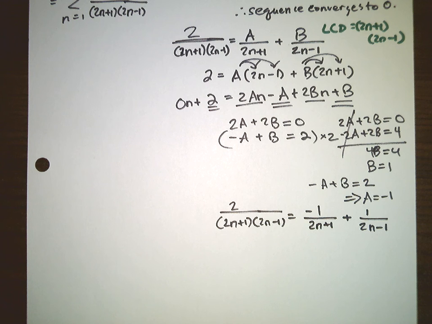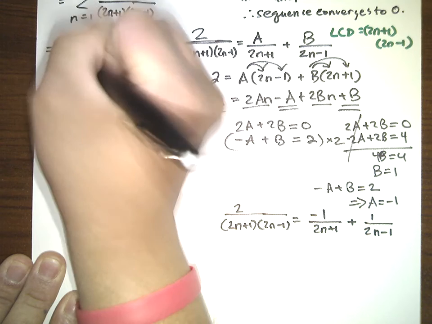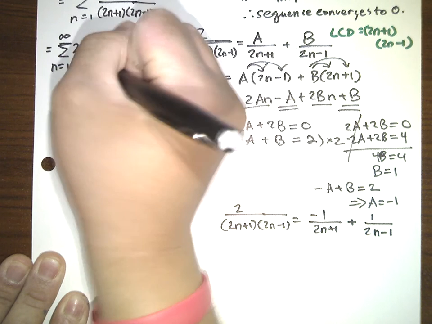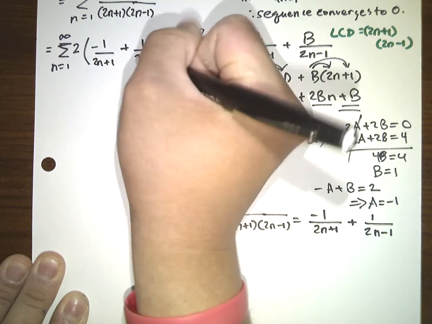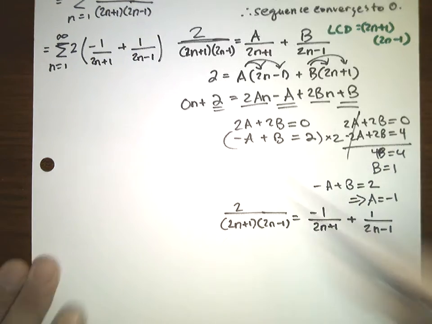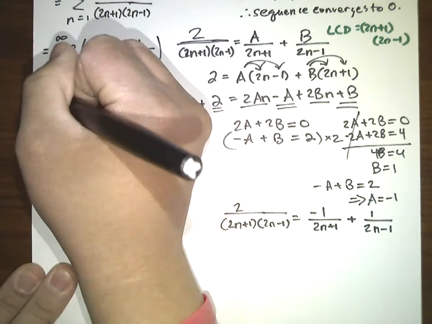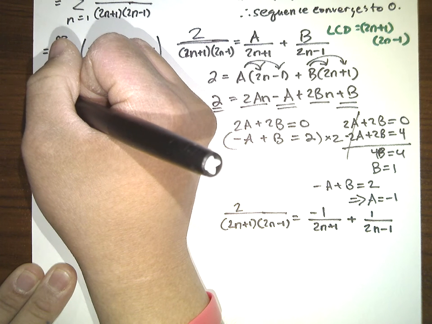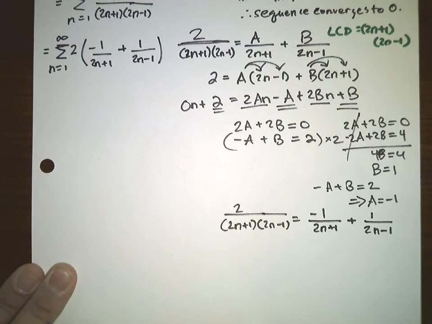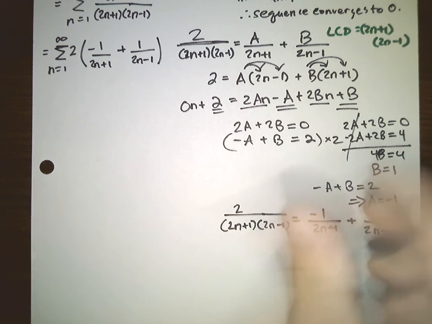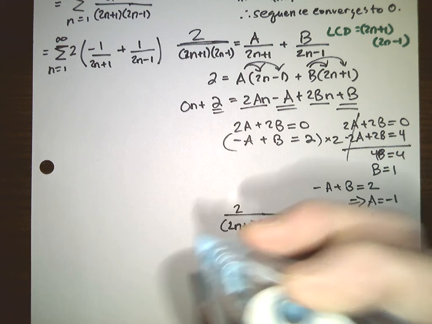Then I can rewrite the series as the sum n equals 1 to infinity of 2 times negative 1 over 2n plus 1 plus 1 over 2n minus 1. I don't even know why I wrote the 2 there, because I thought I had another 2 for some reason, but I do not actually.